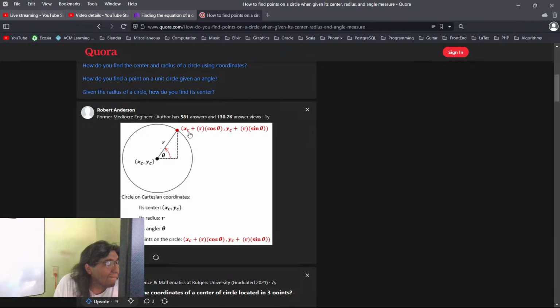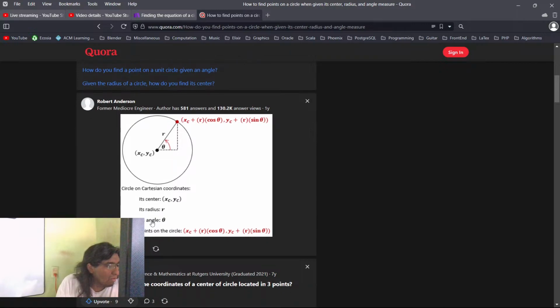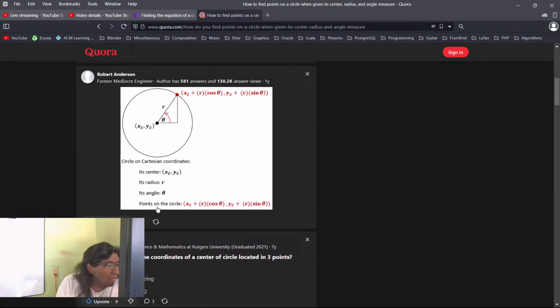The x coordinate plus r cosine theta. The best book in the Helfand series is Geometry.